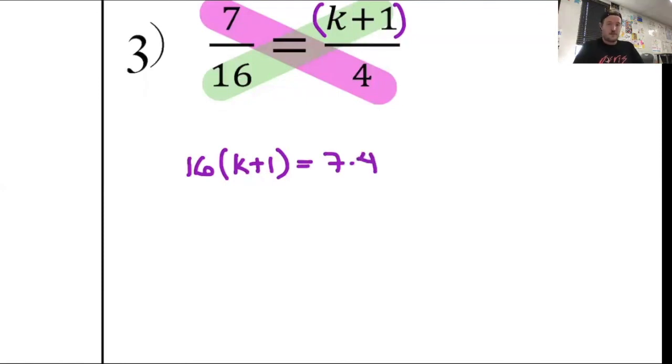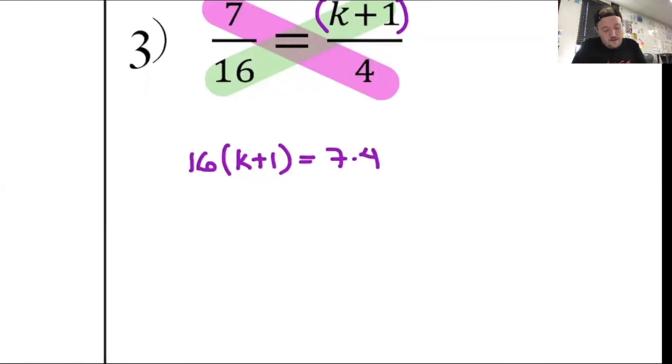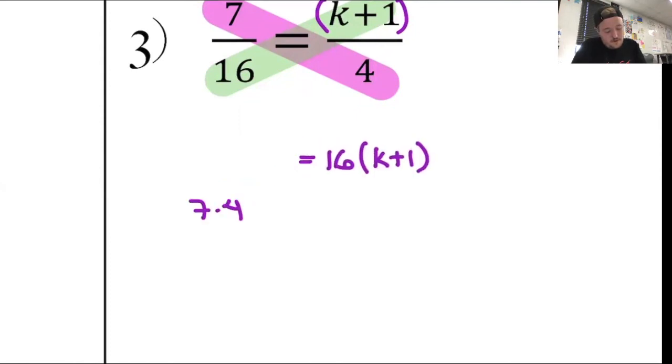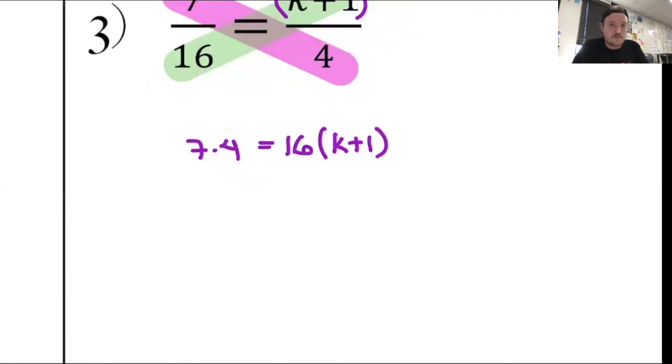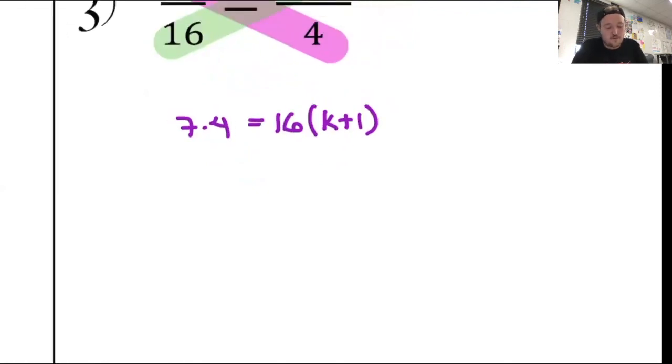Here's another thing that I see happen. It actually doesn't matter what side you put the values on. So if you get it the other way around, that's totally fine. You're going to get the same thing either way, as long as you do your math right. We all know math is a struggle.